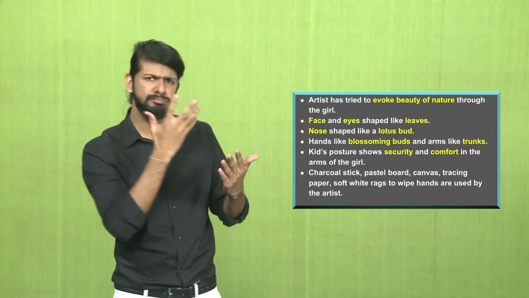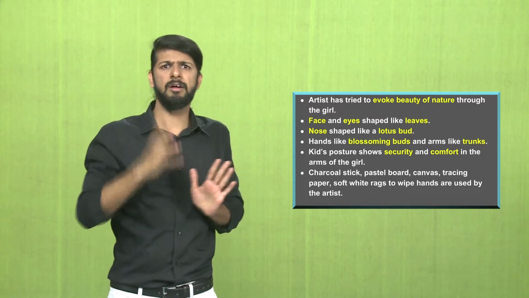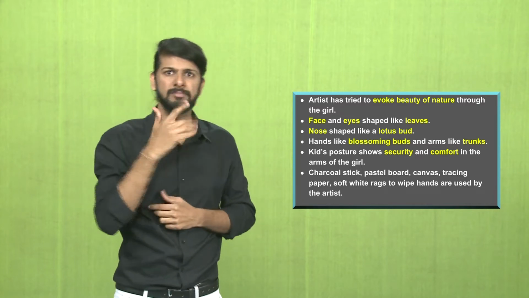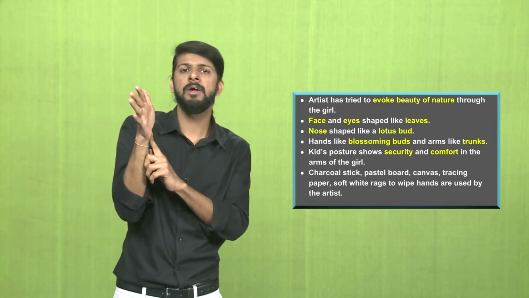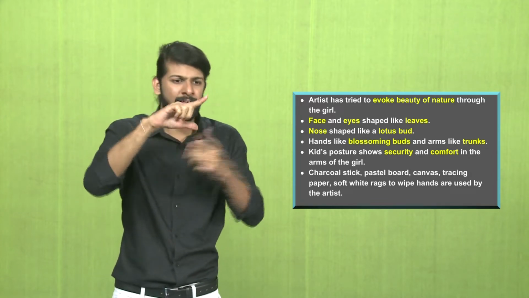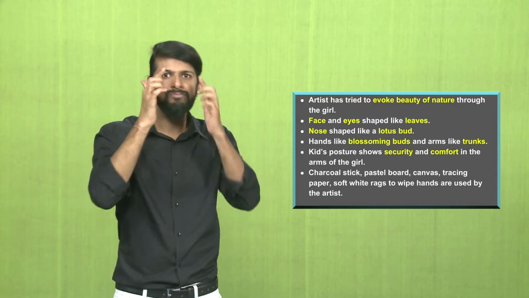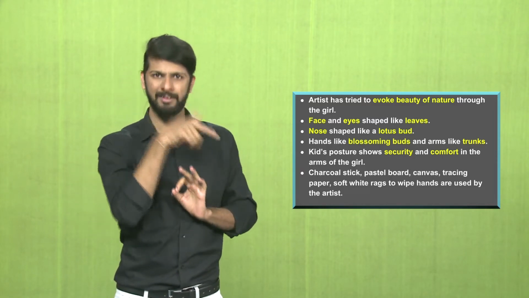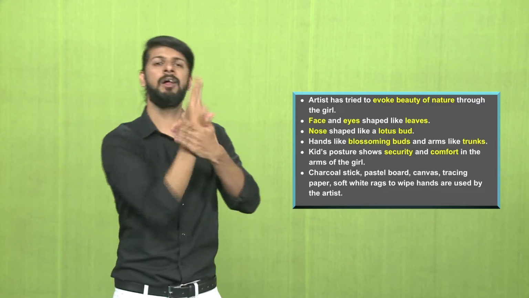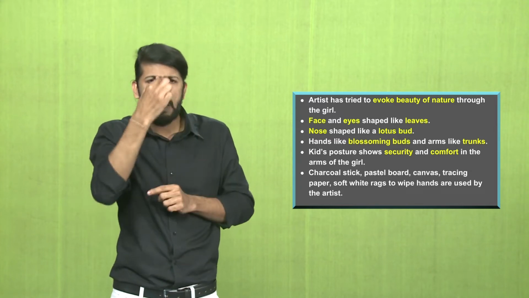The artist Paritosh Sen has tried to evoke the beauty of nature through the girl. How has he done that? He has used the leaf motif. He has tried to use the same shape of the leaves to make the face and the eyes, thereby depicting the beauty of nature.